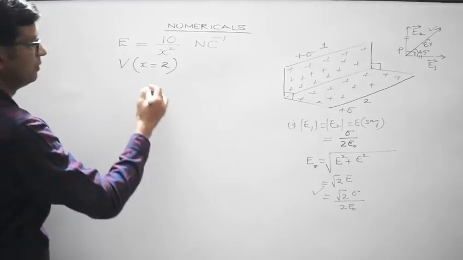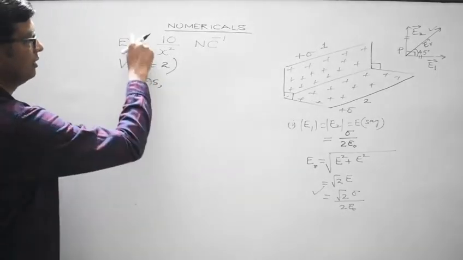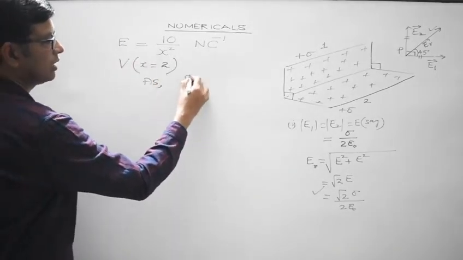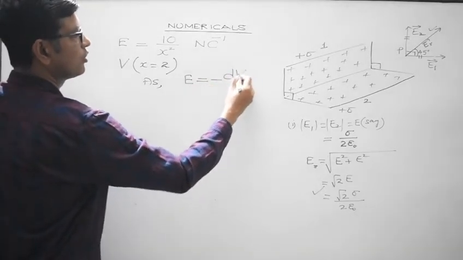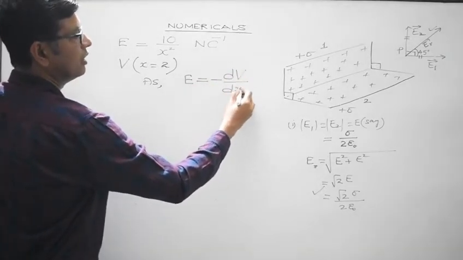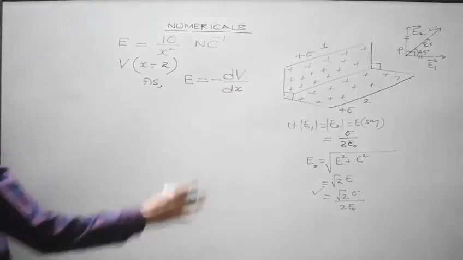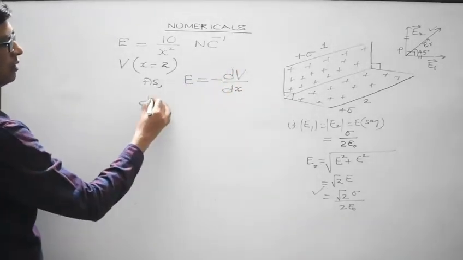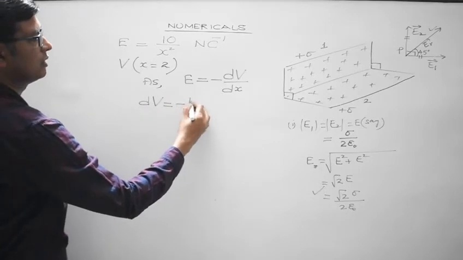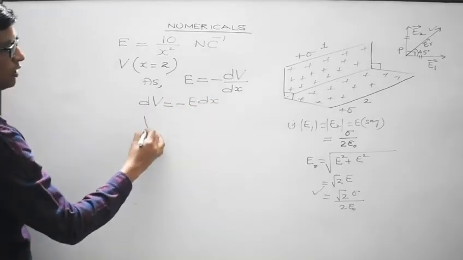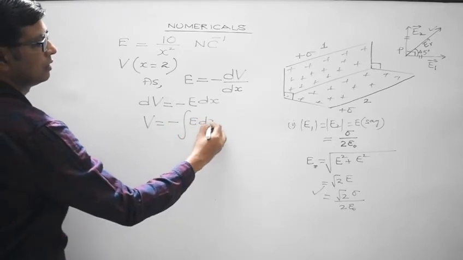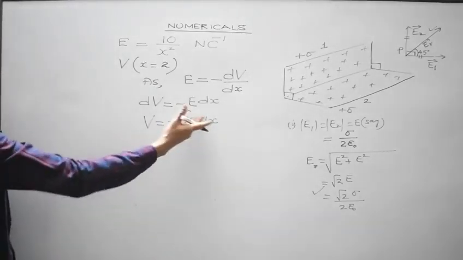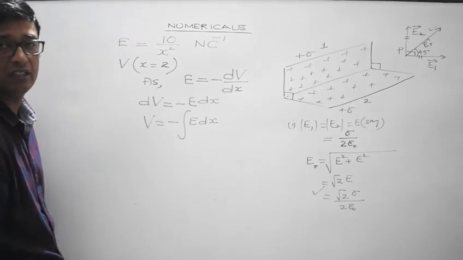How to proceed? We know that these two are related by electric field at a point is numerically equal to the negative of the potential gradient. This we are already aware of, right? Over here, you can rearrange the terms like this. So potential would be given by negative of the line integral of the electric field. That is the statement which we obtained in the earlier section as well.